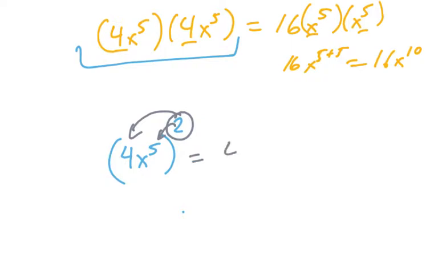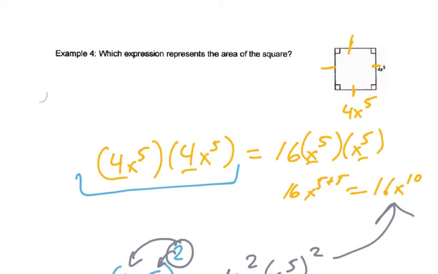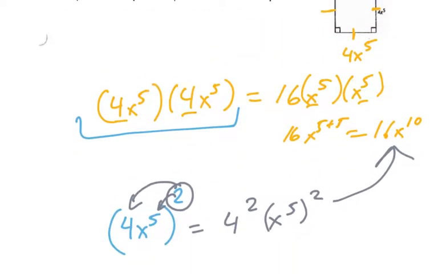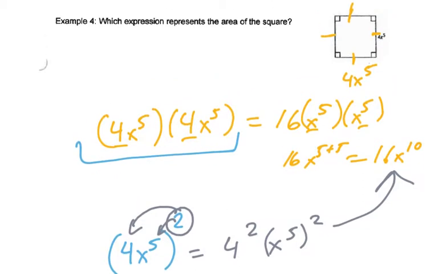In other words, you're doing 4 squared times x to the 5th squared, which becomes what? 4 squared is 16, x to the 5th squared just means you multiply the exponents. 5 times 2 is 10, and you get the same answer. So don't limit your thought process to just one way. You really should be able to tackle problems multiple ways, and that's how you know you're doing it right.